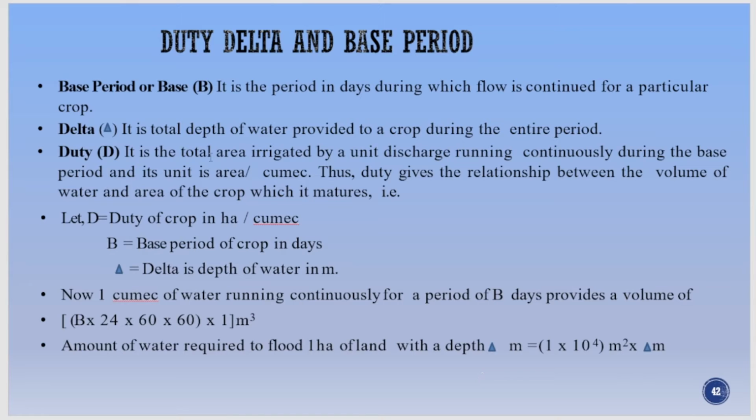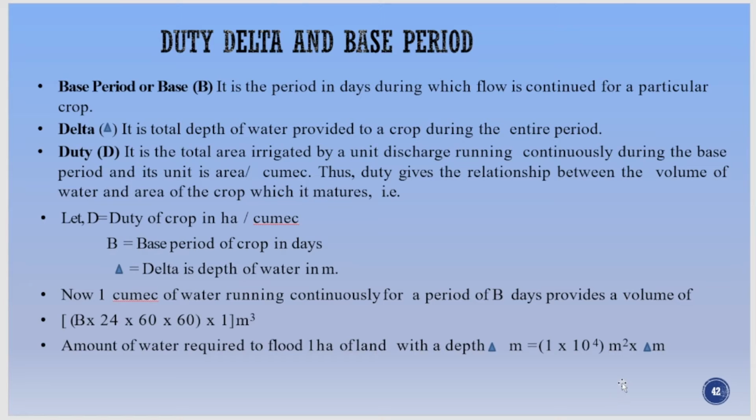You remember that delta is the total depth of water applied for the entire growth period of a crop. A hectare can be converted into meter square by multiplying by 10 raised to 4. So 1 into 10 raised to 4 is the area in meter square, multiplied by delta in meters. So again this is also a volume.